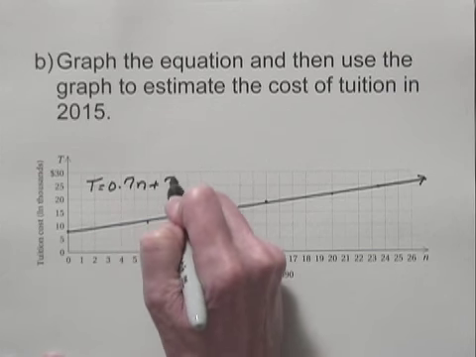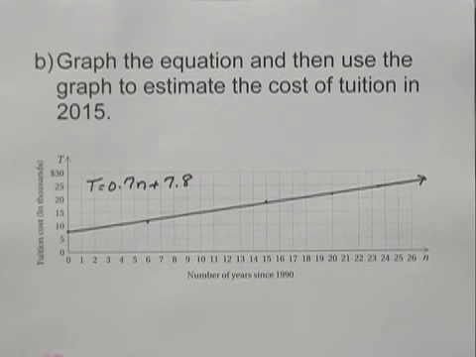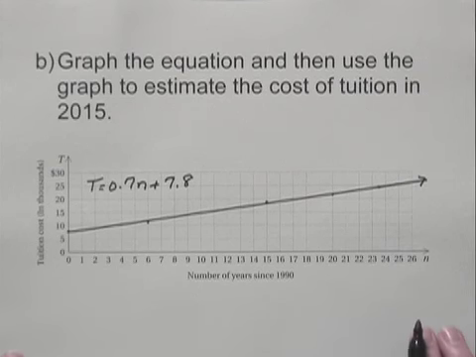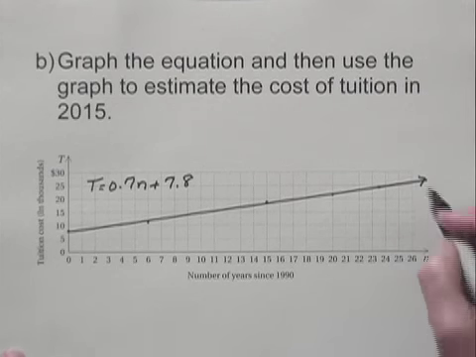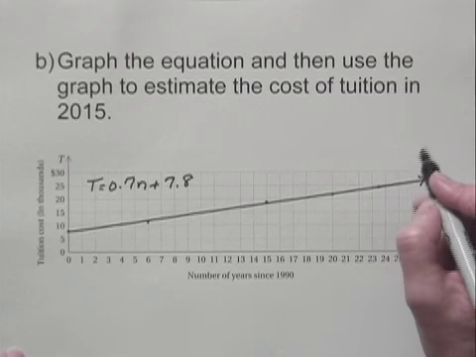T equals 0.7n plus 7.8. And we're asked to estimate the cost of tuition in the year 2015. Now remember, n is the number of years after 1990, so 2015 is 25 years after 1990. So we'll locate 25 on the horizontal axis and go up to the graph.